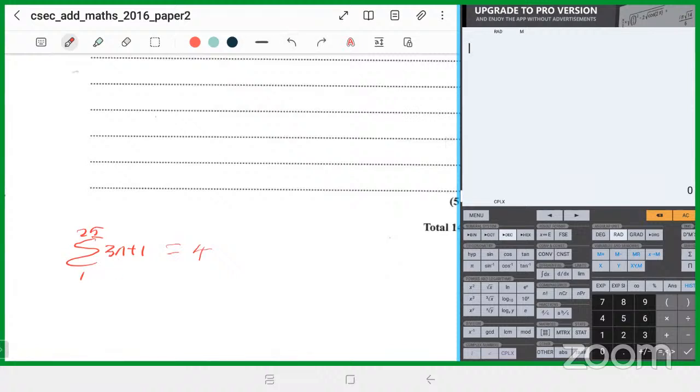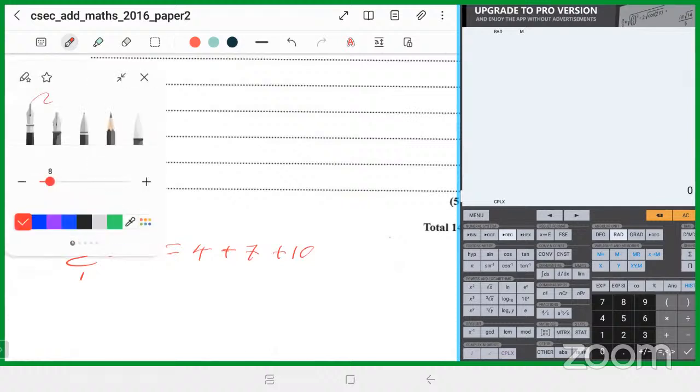You put in 2, you get 3 times 2 is 6, and 1 makes 7. Put in 3, you get 3 times 3 is 9, and 1 makes 10. You see there's an AP that keeps adding 3.